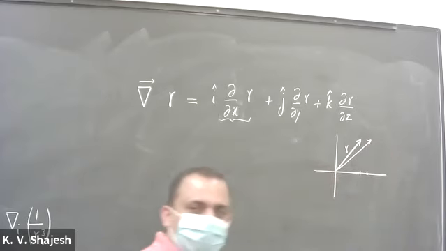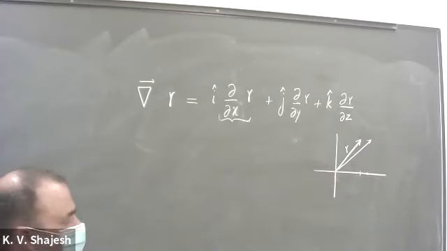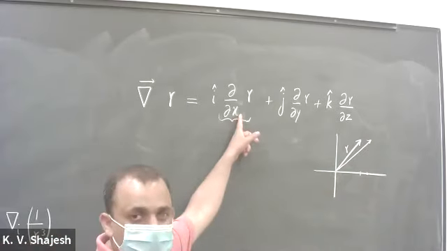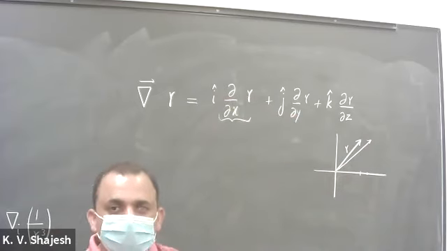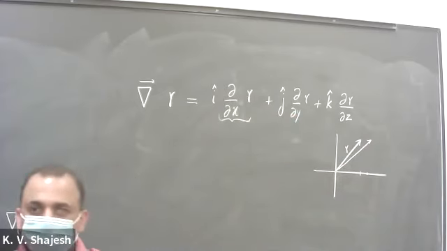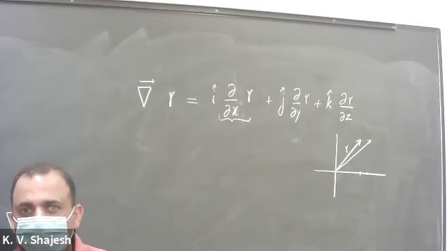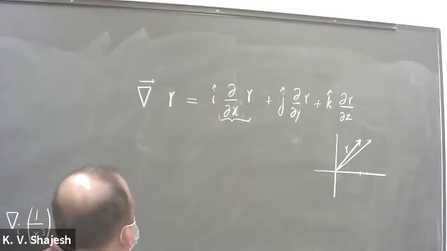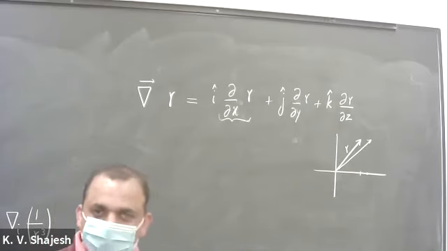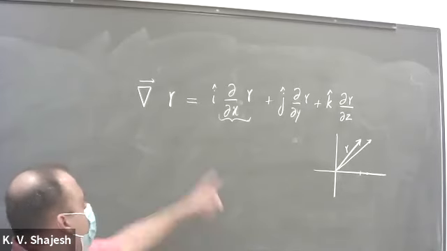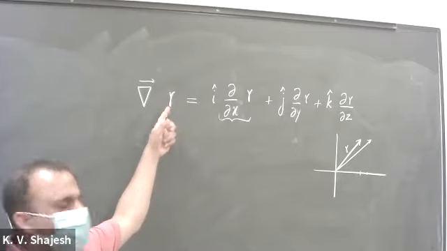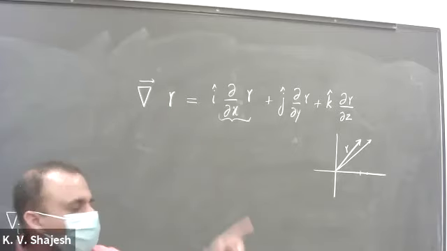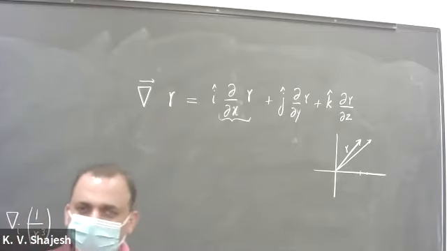If I change my x a tiny bit, how does my length change? That's this quantity. And R is a function in the sense it is the square root of x squared plus y squared plus z squared. So, when do we know this? Almost always. That's one way of trivially saying it. But whenever you don't know, ask what is R and what is the gradient? Oh, gradient is always x, y, z.